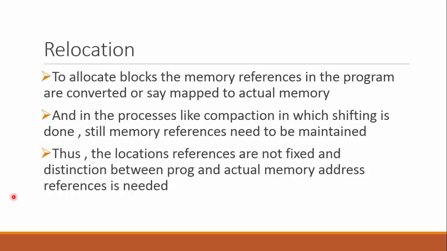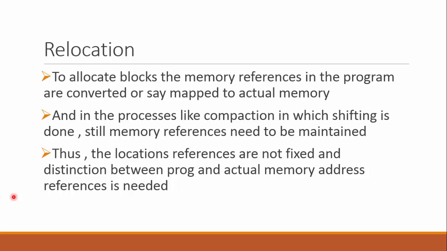So relocation, as we discussed in our previous video, was about the addresses that need to be maintained, as the program can be anywhere in the memory and there are internal references within the program.